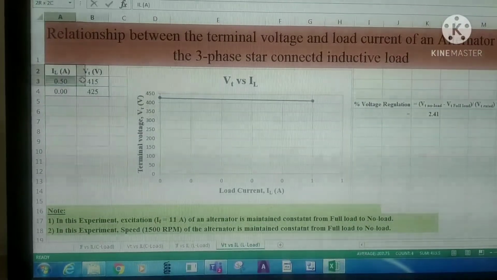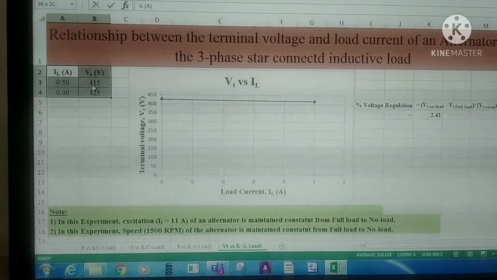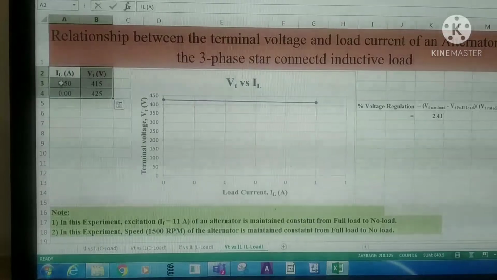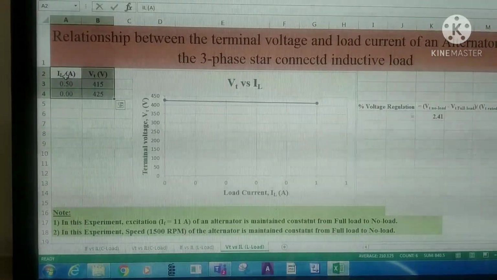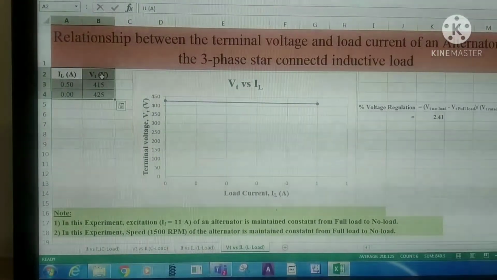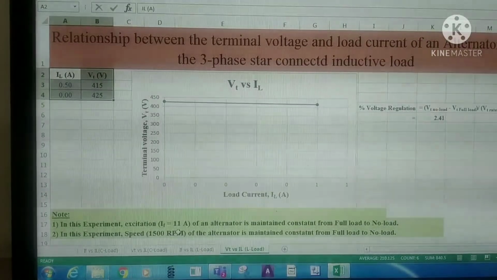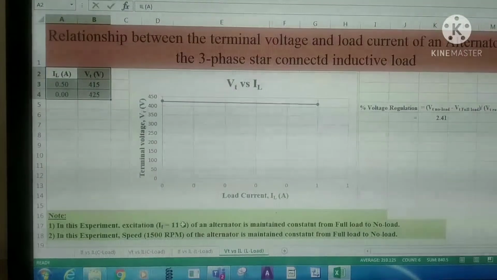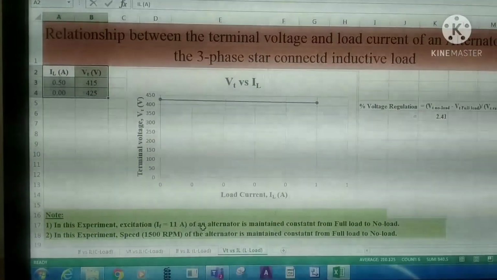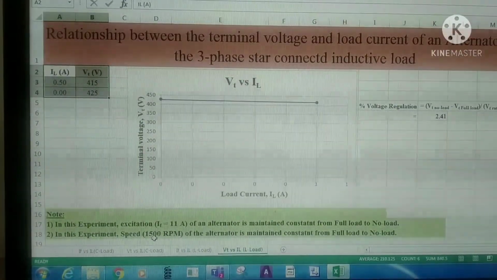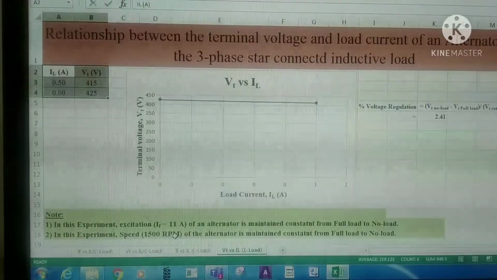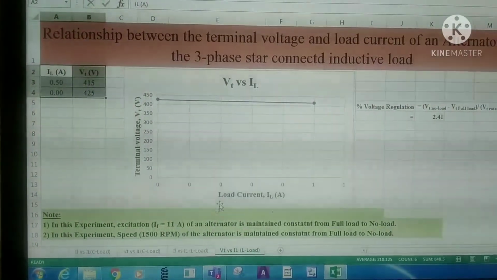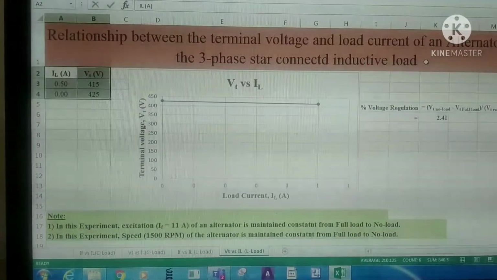In this, we have noted the observation values for load current and terminal voltage by maintaining the constant excitation field winding current of 11 amperes and rated prime mover speed of 1500 rpm for the 3-phase star connected inductive load.